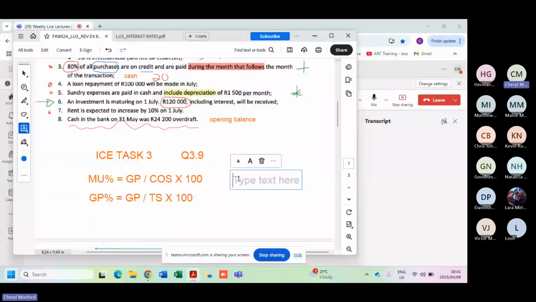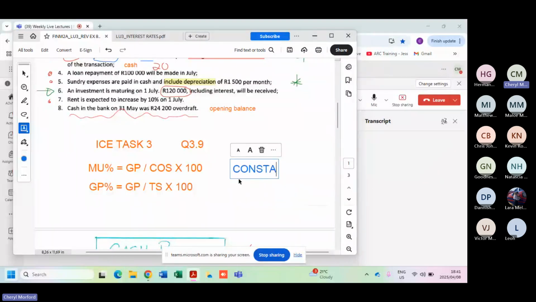If the question says something like they have a constant markup, that means it stays the same. So if it says constant markup, you can use any historical info to work out the GP percent or the markup percent, because they say it stays the same.